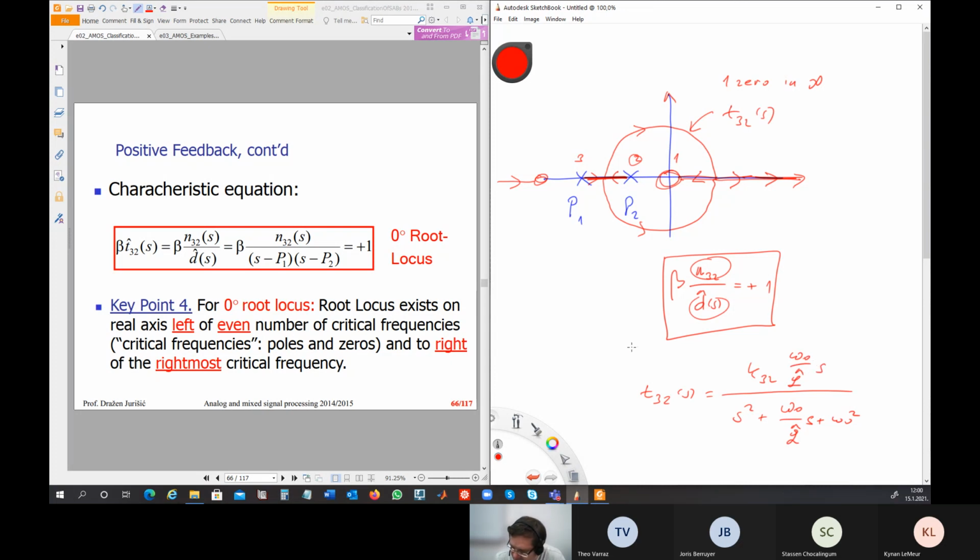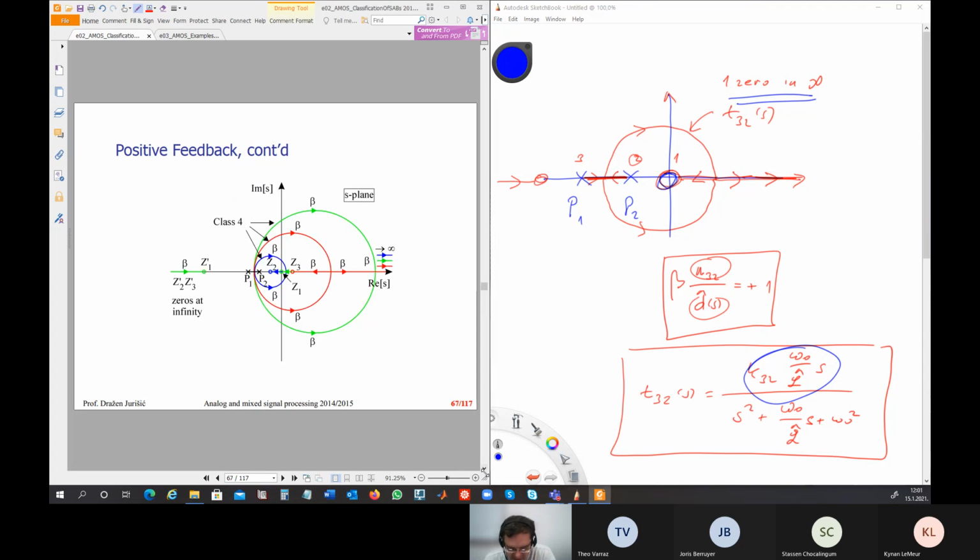Okay, so T32 is of bandpass character. This is very quickly seen here, and that's why we have 1 zero in the origin and 1 in infinity. So what we will need, so here are all possible positions.